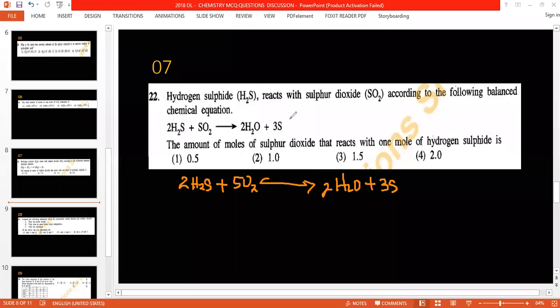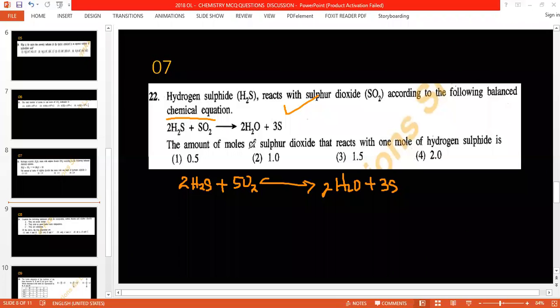The question asked says what? Hydrogen sulfide reacts with sulfur dioxide according to the following balanced equation. Okay, it's balanced. If it's not balanced, you should balance it here.